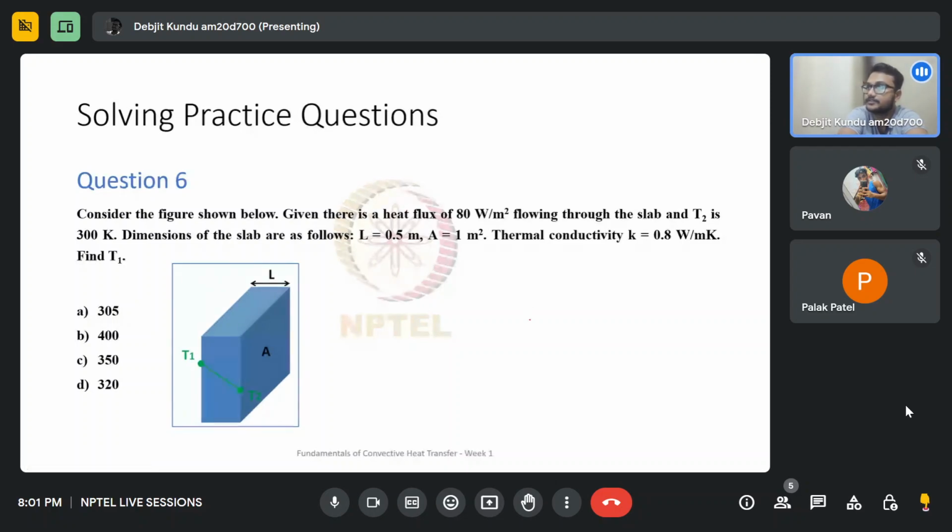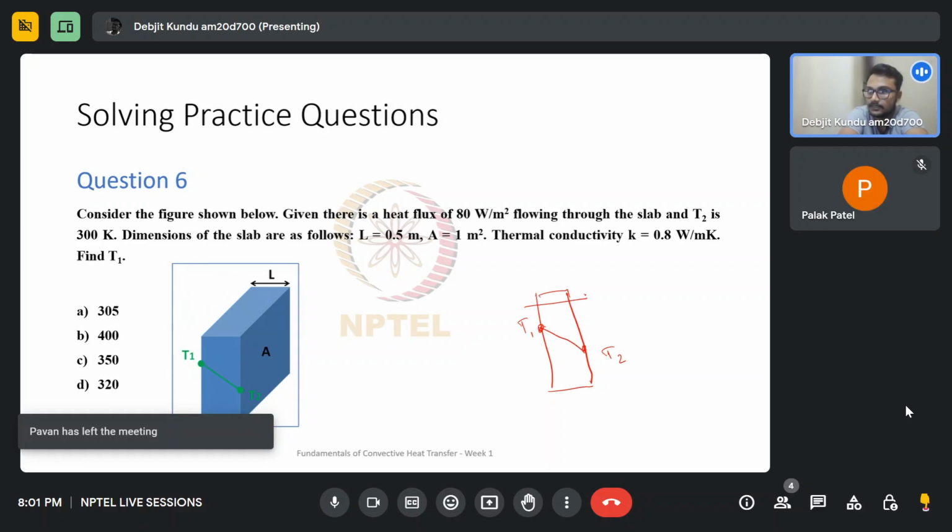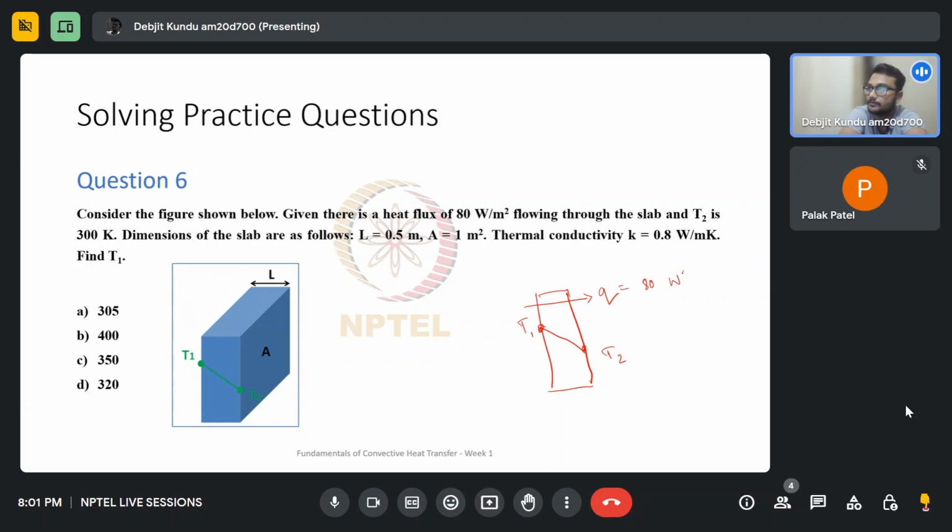So this is what the simplified problem is. So I have something like this. There's a temperature T1 over here and a lower temperature T2 here. As a result, there is a heat flux through this, Q. This Q I know. This is given as 80 watt per meter squared.